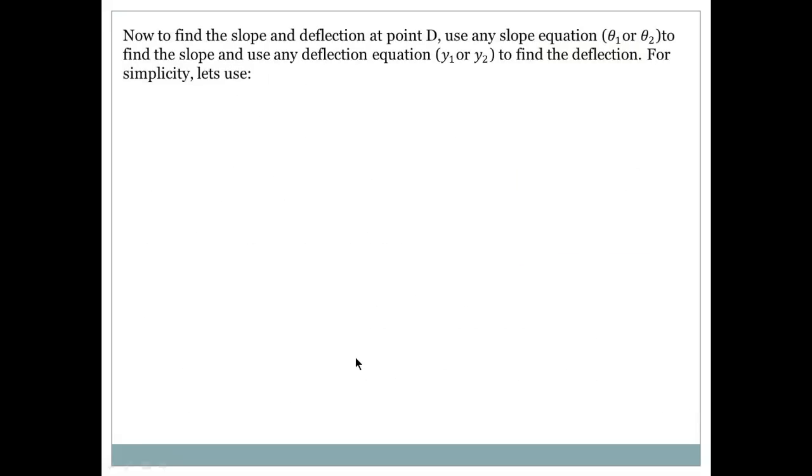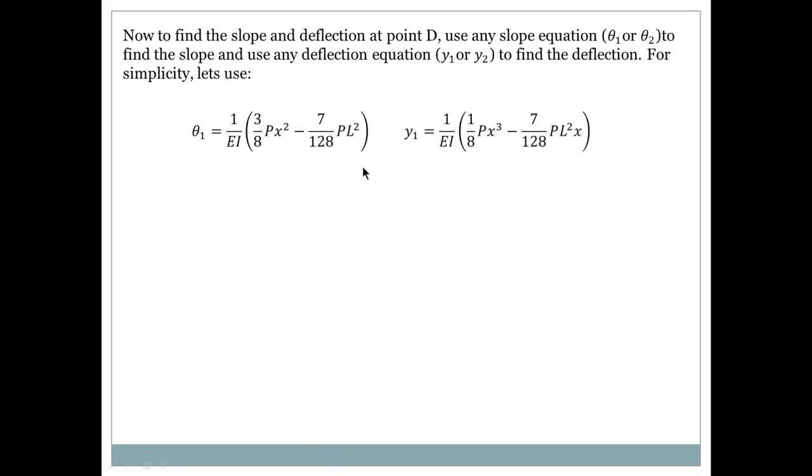Now to find the slope and deflection at point D, use any slope equation, theta 1 or theta 2, to find the slope, and use any deflection equation, y1 or y2, because remember, this was one of the boundary conditions: the slope theta 1 equals the slope theta 2 at point D, and the deflection y1 equals the deflection y2 at point D. So for simplicity, let's use the smaller equations.